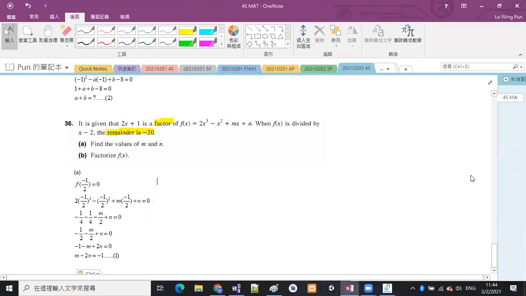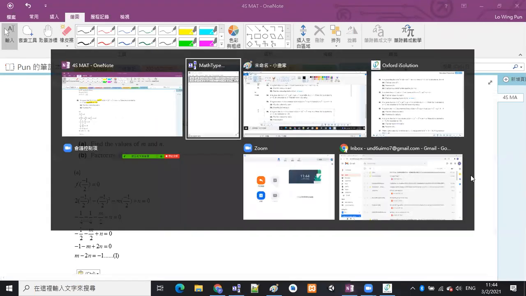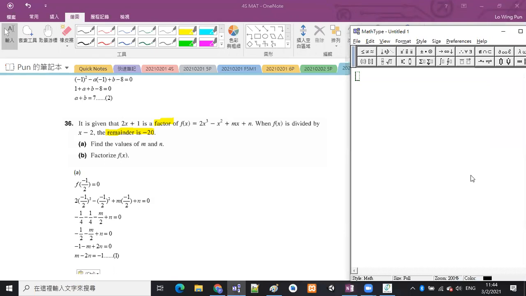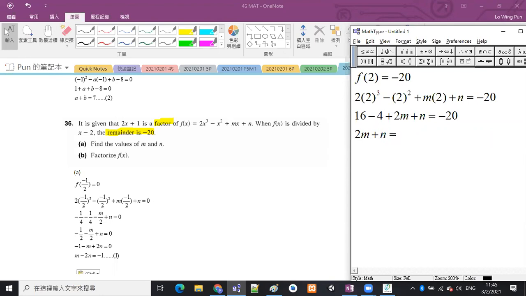And for the second equation, we are going to use the remainder theorem. When fx is divided by x minus 2, the remainder is negative 20. So the remainder is calculated by f2, and it is given to be negative 20. The f2 can be calculated like this. Then it should be 16 minus 4 plus 2m plus n is negative 20. So 2m plus n should be equal to negative 32.